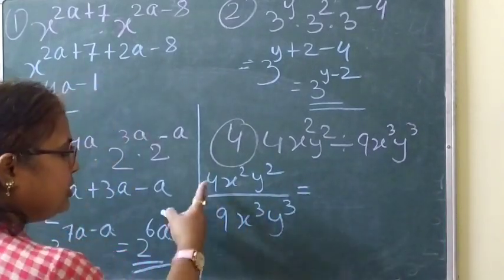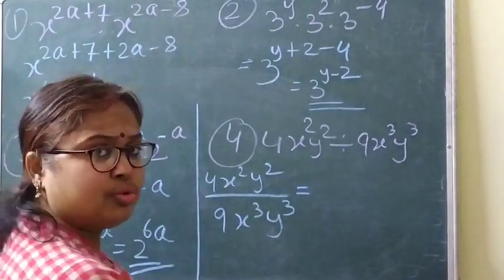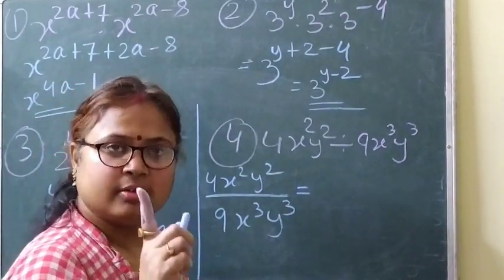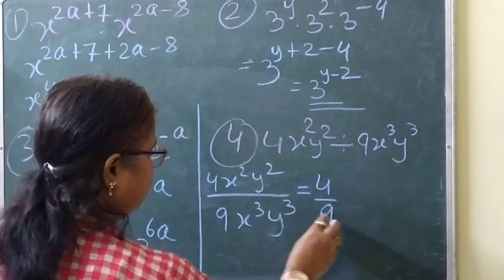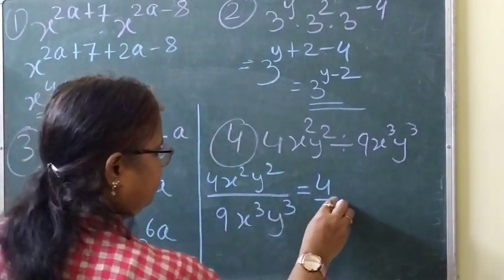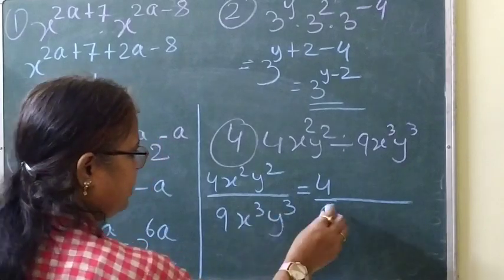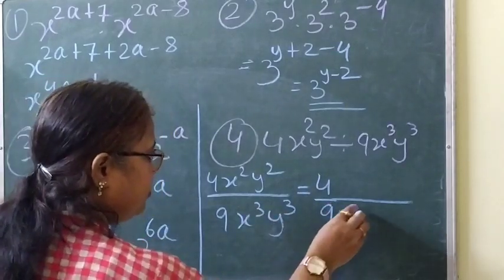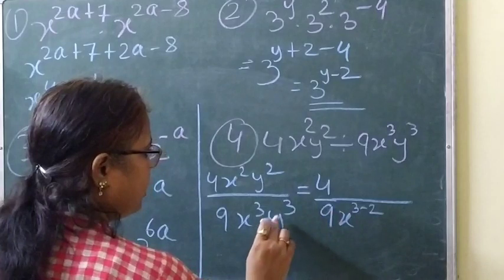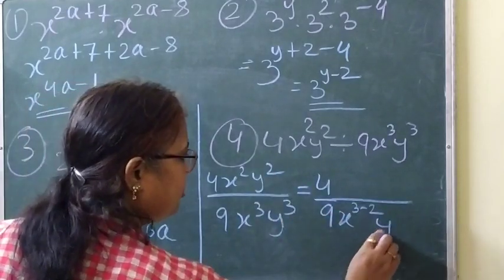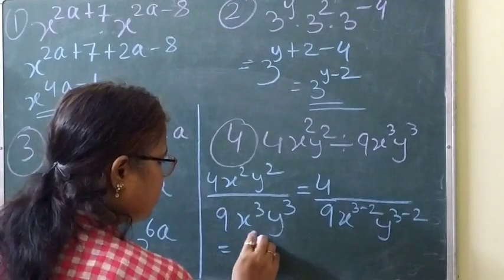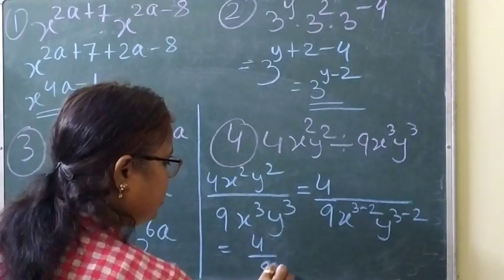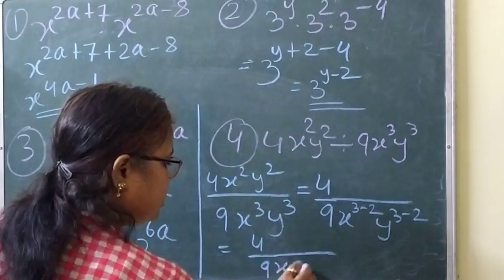We can't do anything with the numbers because these two numbers cannot be divided by one number. Clear? So we will write 4 by 9. And then this one is greater. Clear? So in the denominator we will write 3 minus 2. Again 3 is greater than 2, so y to the power 3 minus 2. So the final answer will be 4 by 9 x y.